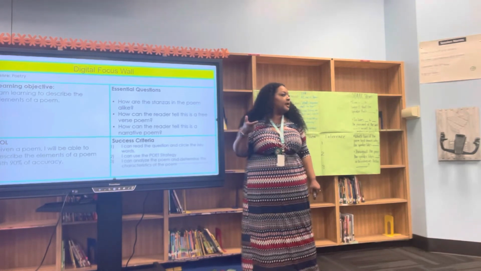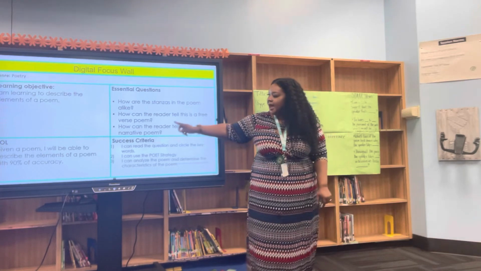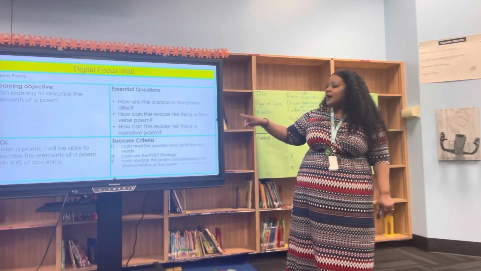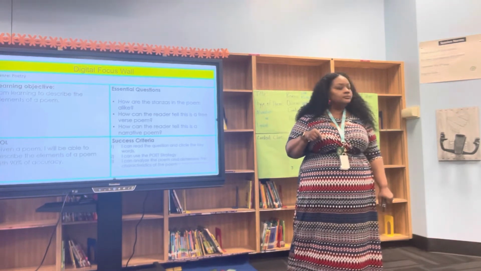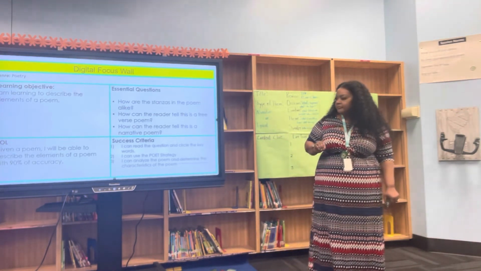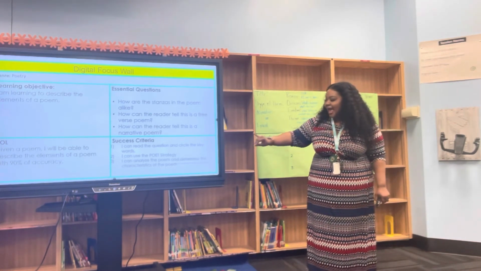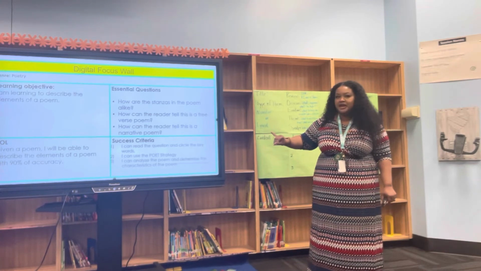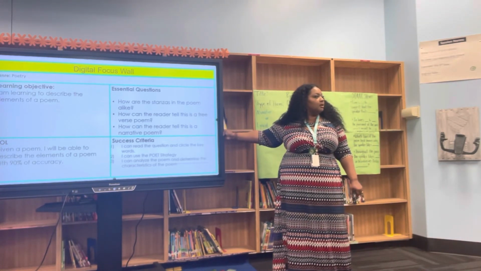That was the focus of that particular day, free verse versus narrative poem. Here we have DOL: given a poem, I will be able to describe the elements of a poem with 90% accuracy. And the person wrote, I can read the question and circle the keywords. I can use the poet strategy. I can analyze the poem and determine the characteristics of the poem. That was just the Monday's digital focus wall.